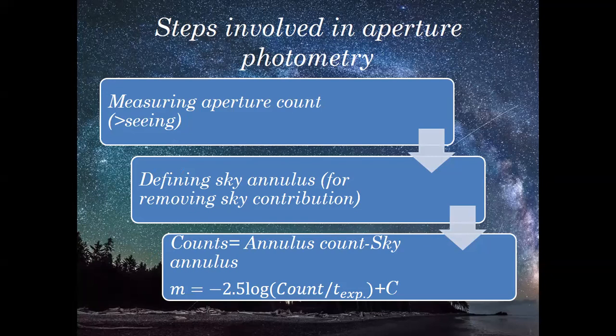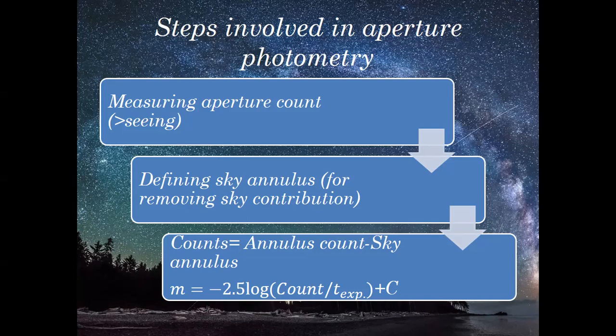And the third is counts. Counts is basically the properly corrected counts. For that, you first take the pixel counts, that is the aperture count. The count is aperture count minus sky annulus.